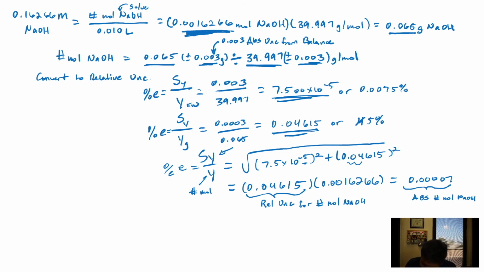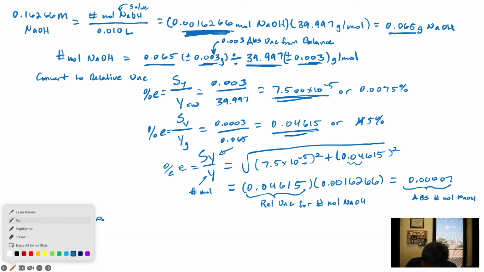So now all you have to do is your regular old molar stoichiometry calculations, and just have uncertainties in there. So we'll write it out over here. We have our number of moles of sodium hydroxide, which is 0.0016266 moles of NaOH. And I already screwed up because I forgot to put in the uncertainty.